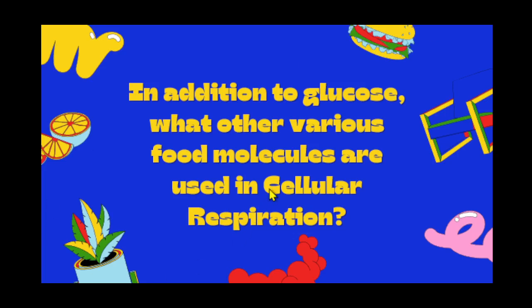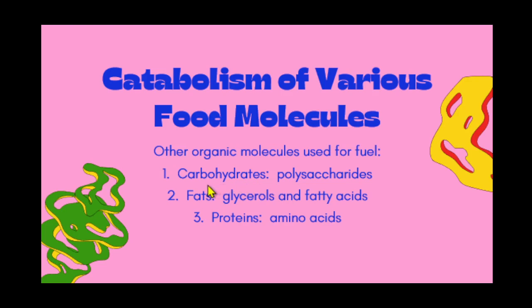Other food molecules, and those are carbohydrates like polysaccharides, fats, glycerol and fatty acids, and proteins. So their monomers are amino acids. Okay, so all of these other organic molecules can be used for fuel.